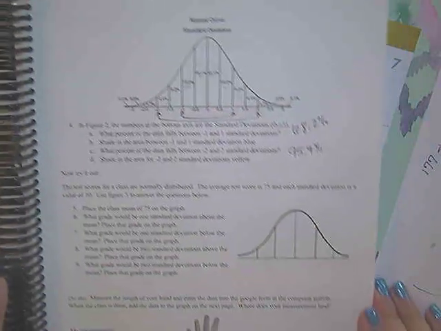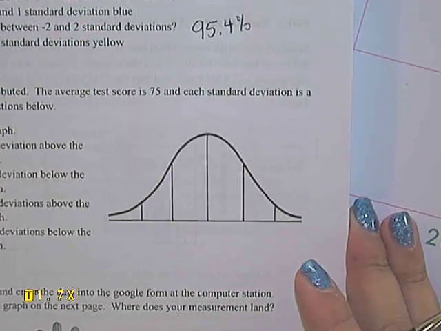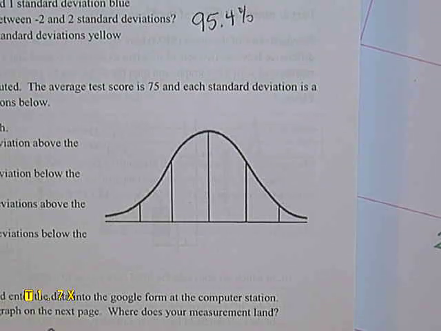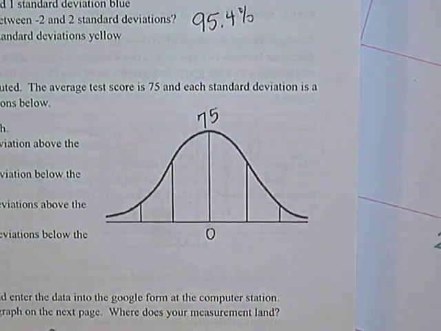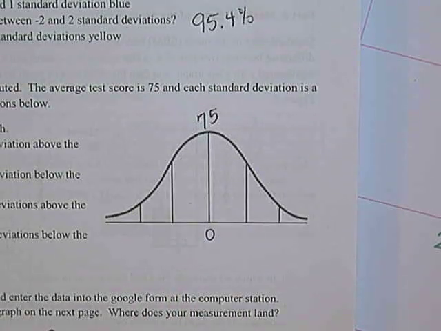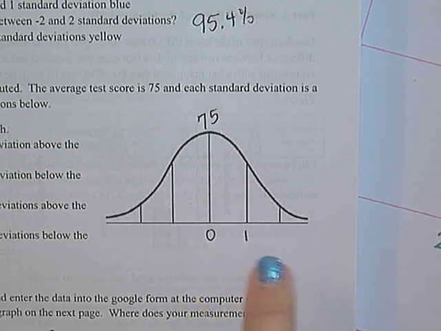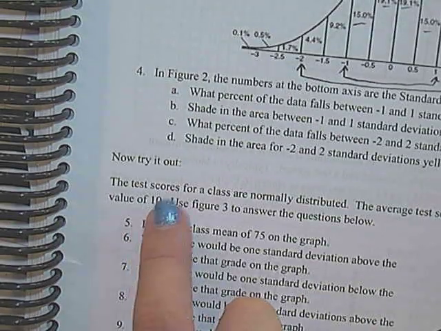So we're going to practice using this chart right here with some test scores. So we have that the average test score was a 75. That's going to be our mean right there. And then I write the number 0 down here at the bottom. And then for 1 standard deviation above the mean, we are given that each standard deviation has a value of 10.